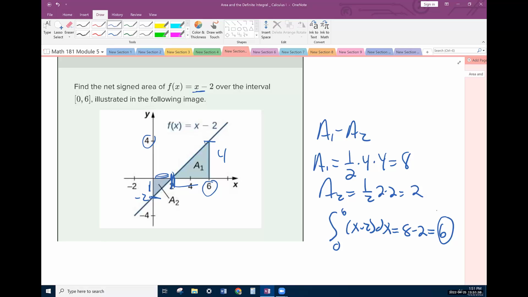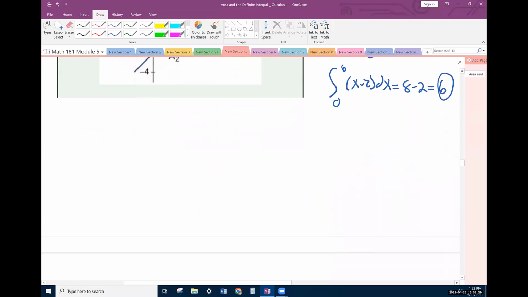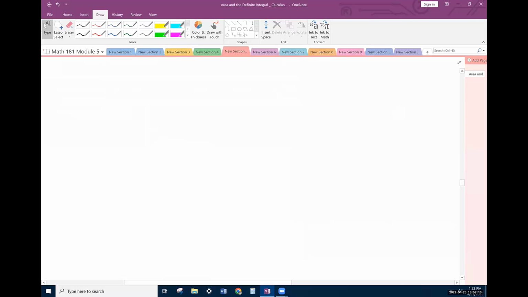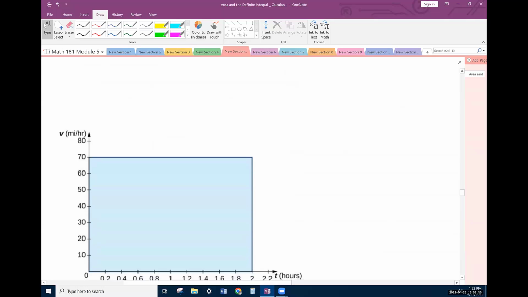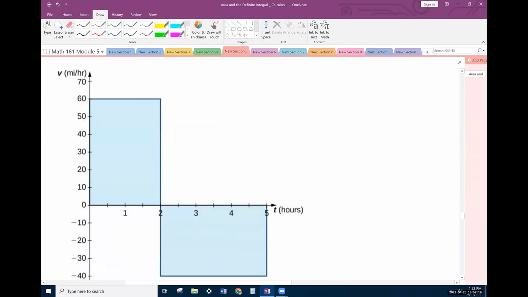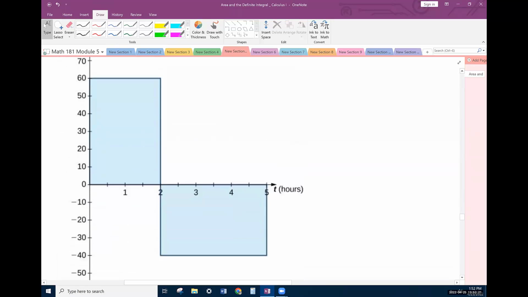So that's net area. Next we're going to talk about the concept of total area. In net area, we just subtract them. In total area, the difference is we take the absolute value and get rid of the negative. So in a case like this, our total area would be the top plus the bottom.